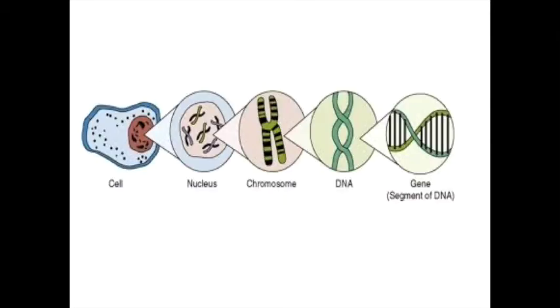If you look at this diagram, a gene is a segment of DNA. So there are plenty of genes in a single strand of DNA. The DNA is also a part of the chromosome. Chromosomes contain the codes on how the nucleus will direct the other parts of a cell.